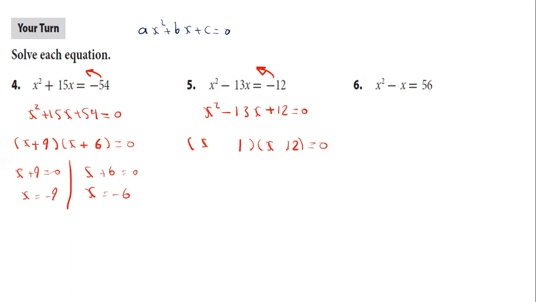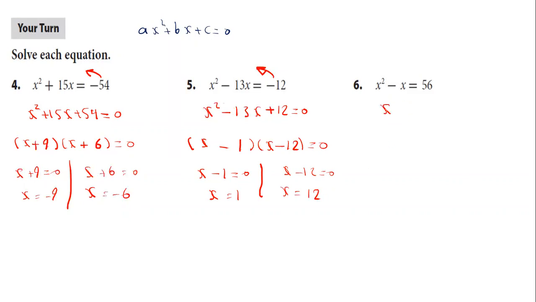So I have to put the signs inside the brackets. Because the last sign is positive, the signs will be the same, following the midterm sign: minus, minus. Split. First bracket equals 0, so x equals 1. X minus 12 equals 0, so the second zero will be 12.